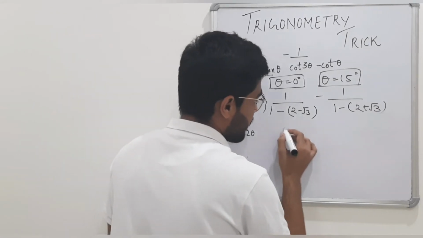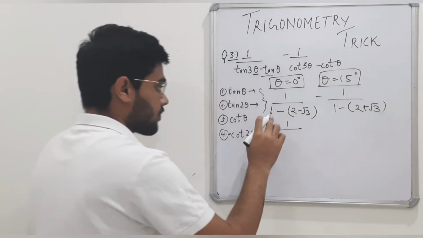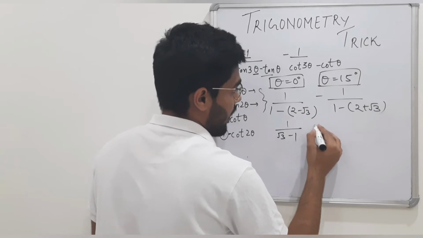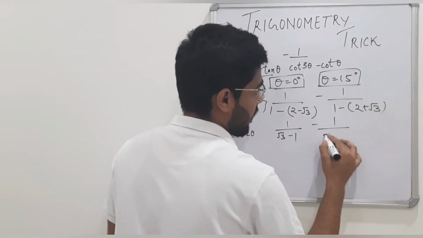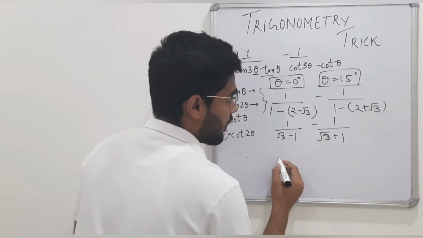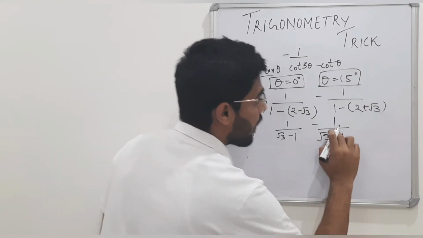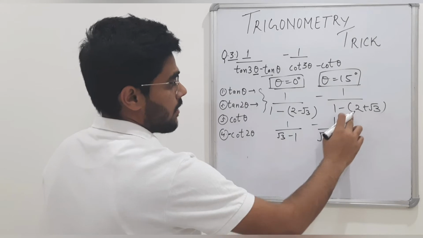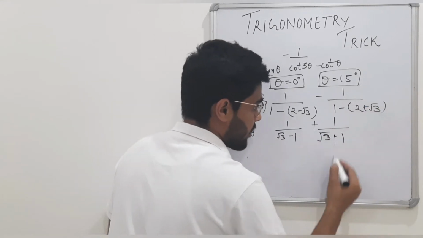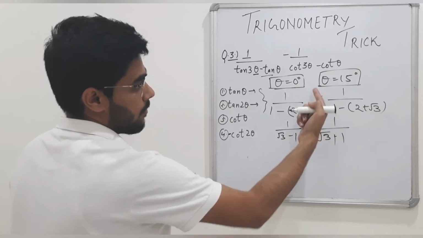So if you simplify this, 1 upon 1 minus, it will become root 3 minus 1, and this will become root 3 plus 1. Minus 1, yes.